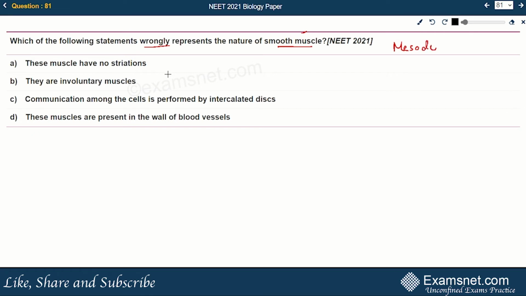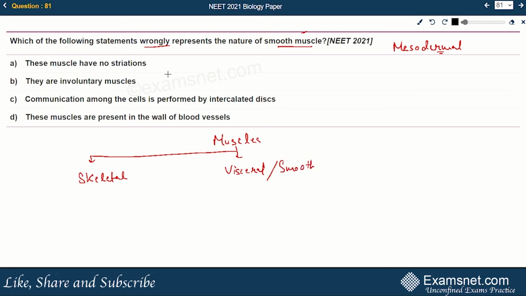That means they arise from the mesoderm of the embryo. Now the muscles are classified into three types based on the locations they are present in. So the first one is skeletal muscle, the second one is visceral or smooth muscle, and the third one is cardiac muscle.